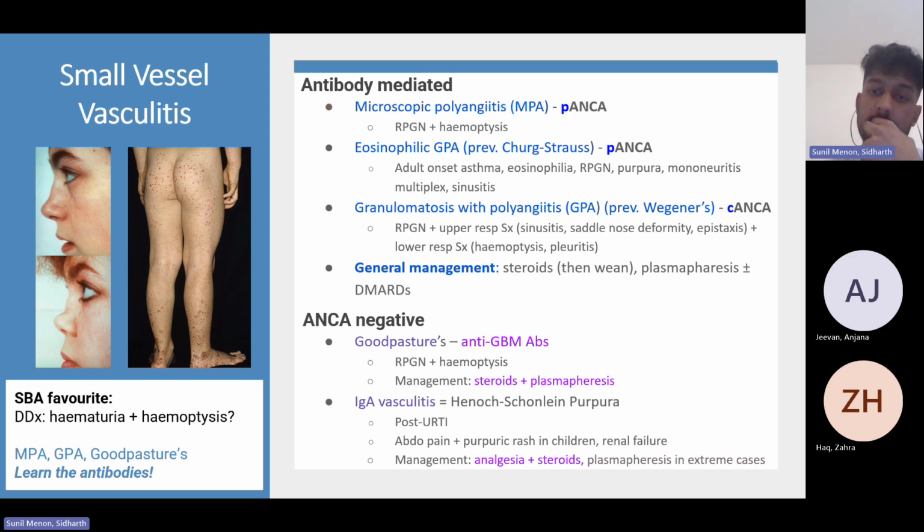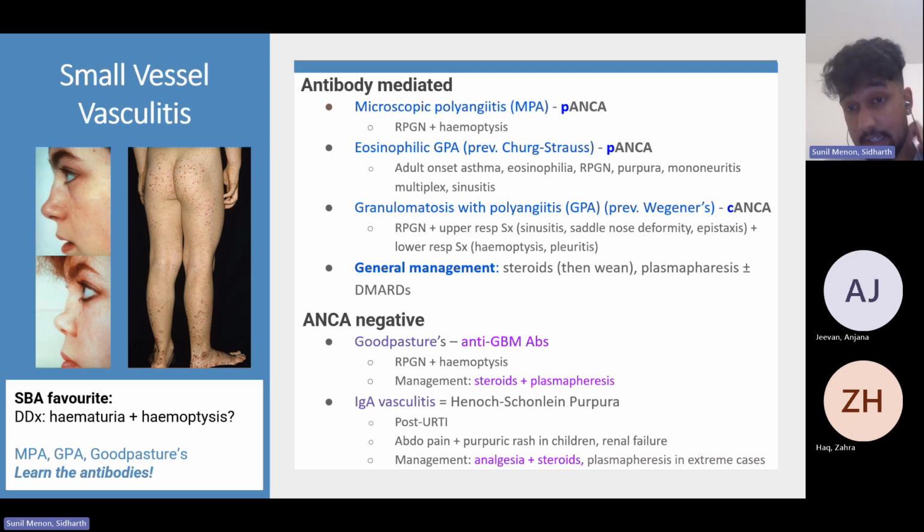Features are, like I said, pulmonary hemorrhage and rapidly progressive glomerulonephritis, which you'd see manifest as a rapid onset AKI, proteinuria, hematuria. You do a renal biopsy, you can see linear IgG deposits. Management would be plasmapheresis, steroids, cyclophosphamide. You get the pattern. These are the general management for most vasculitis conditions.